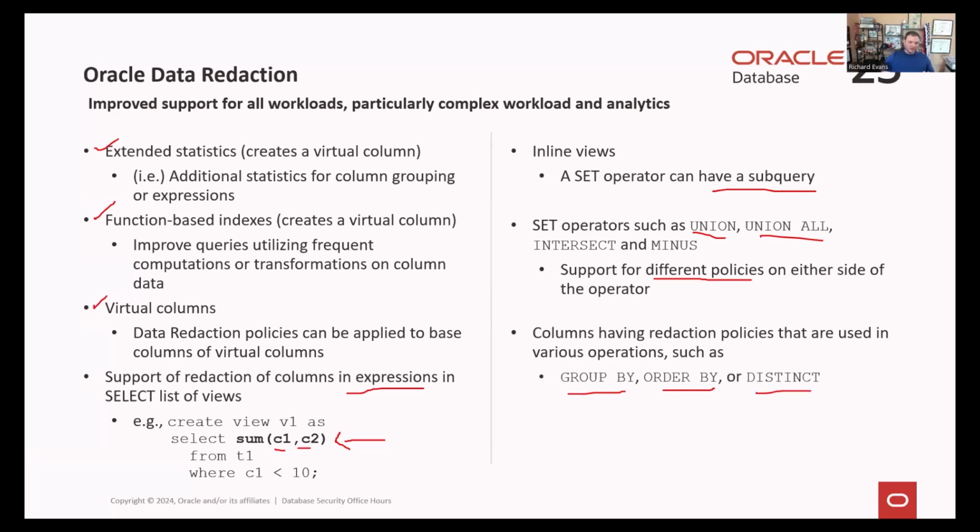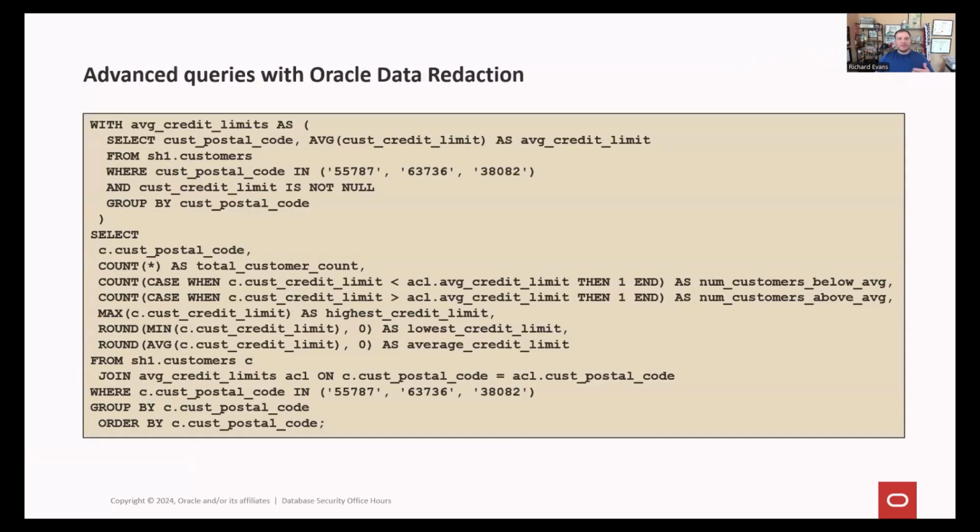Okay. Now, what does that mean? That means if we take a query like this, something big and gnarly that has a width and all these things, we can support redaction on different columns that are used in that group by expression.